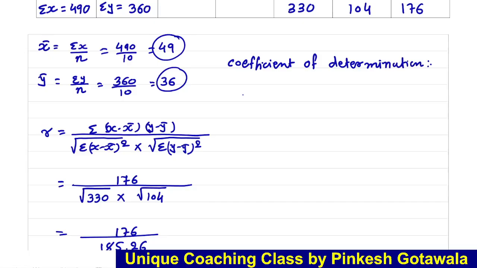How to find out? Very simple, we just saw it in the previous sum. Capital R square is equal to small r square. Our small r is 0.95, square of 0.95. So we get the answer 0.90. Okay, clear?